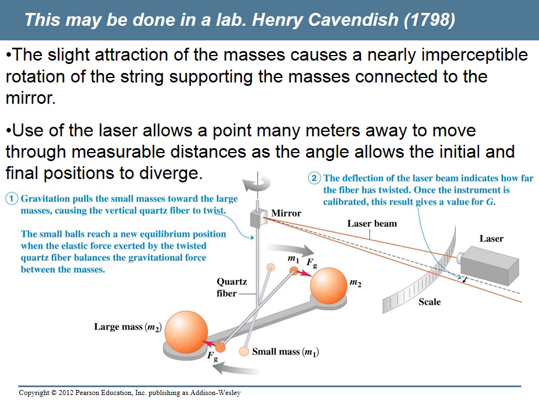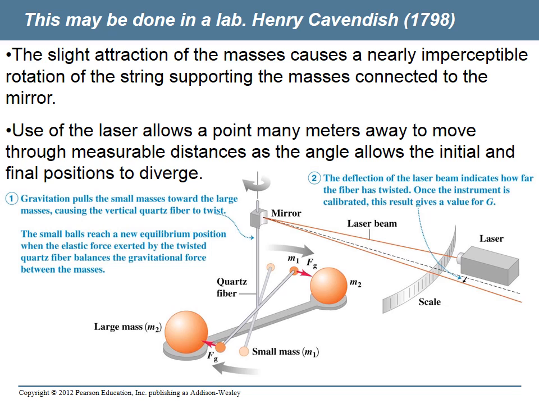So in order to measure how far it twists, a laser shoots here, and you can measure where it shot to before putting the mass on. Putting the mass on causes it to twist, and it causes the laser beam to reflect back at a different location. Then you can measure the distance between here and here, so you can get an angle, right?